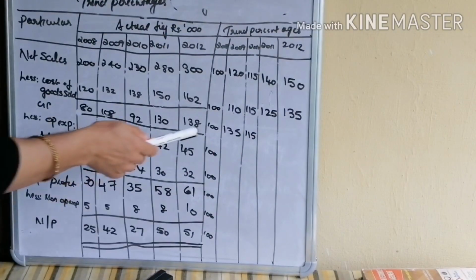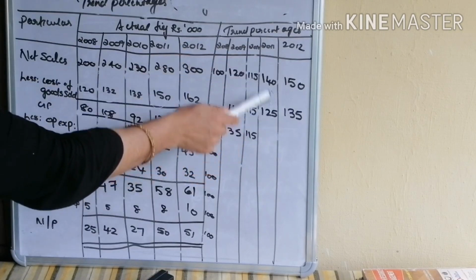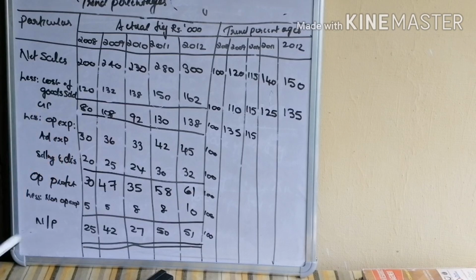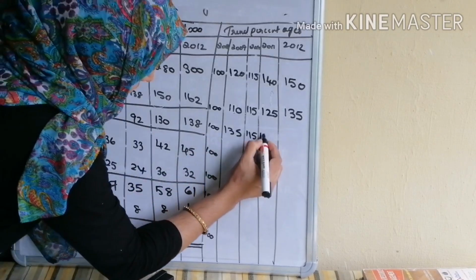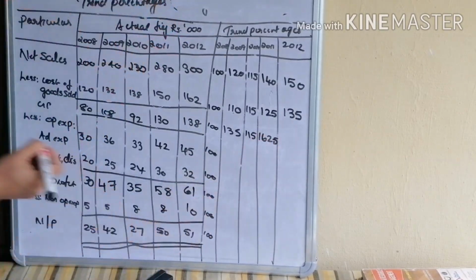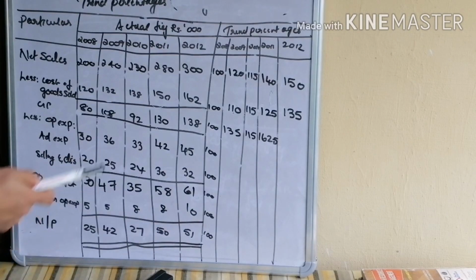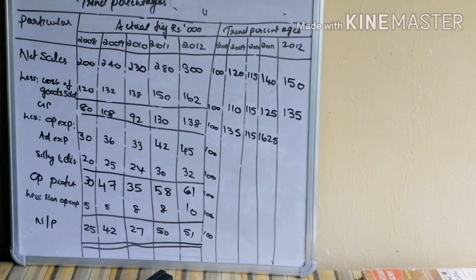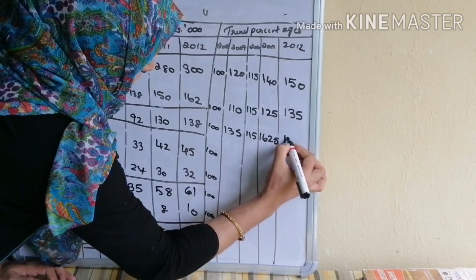And next, 2011, the amount is 130 divided by 80 into 100, which is 162.5. And next, 138 divided by 80 into 100. The answer is 172.5.